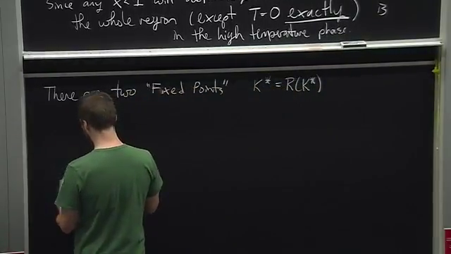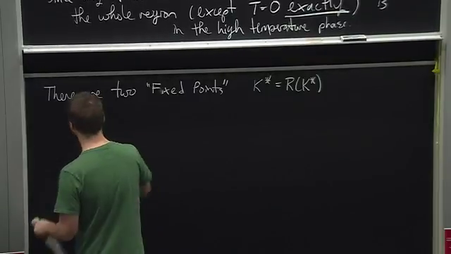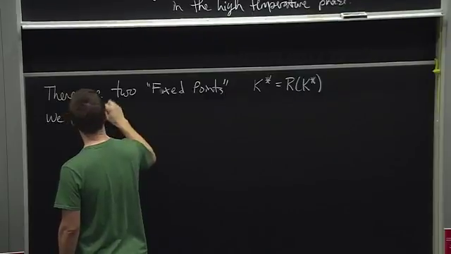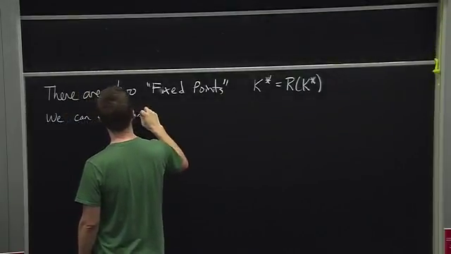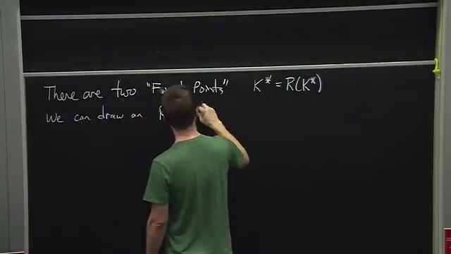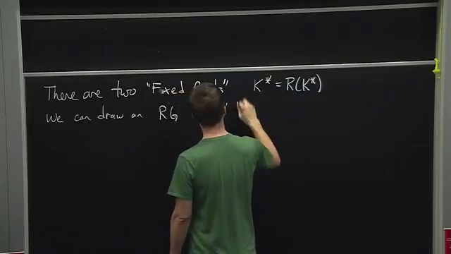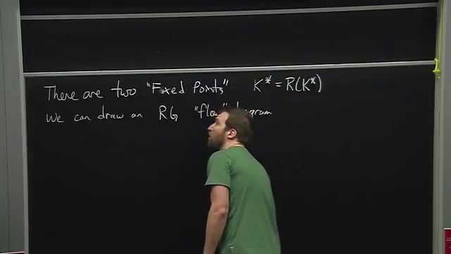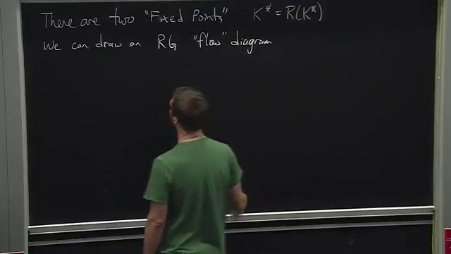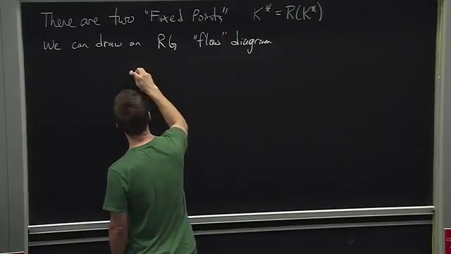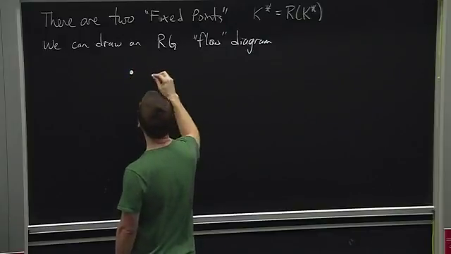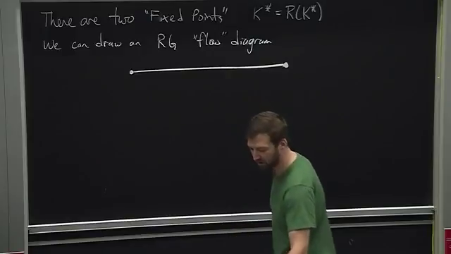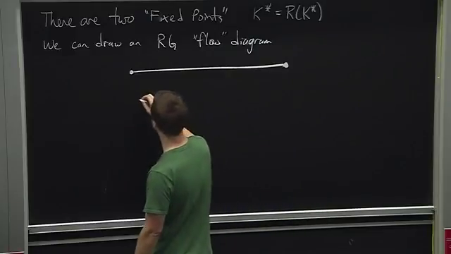So the RG flow diagram, which there's only one coupling, K. So we just draw a one-dimensional RG flow diagram.